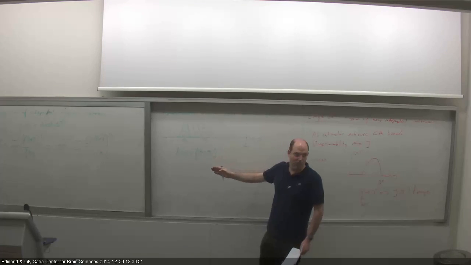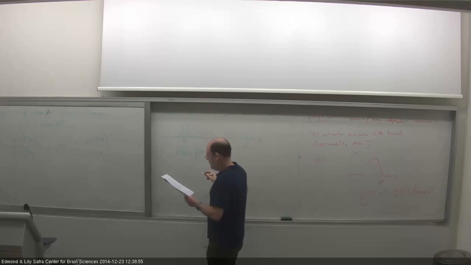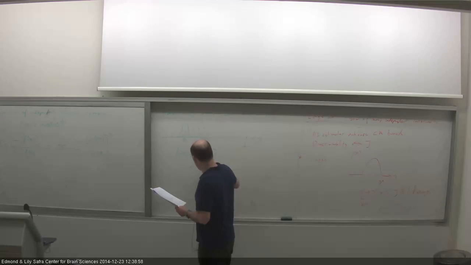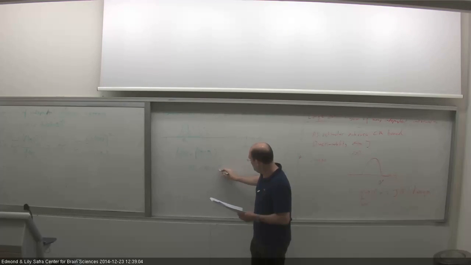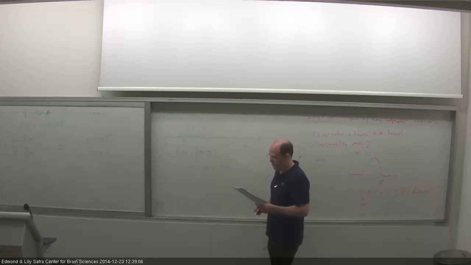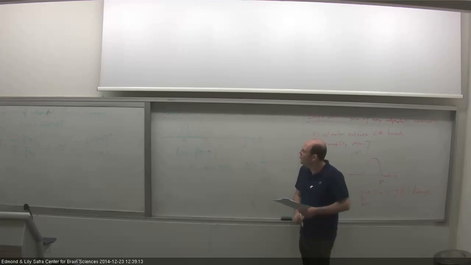Well, maybe not every possible position, maybe it's discrete, so the neurons have centers of receptive fields which are uniformly distributed. I will call this difference delta theta. Note that delta theta is equal to L over N, where N is the number of neurons.